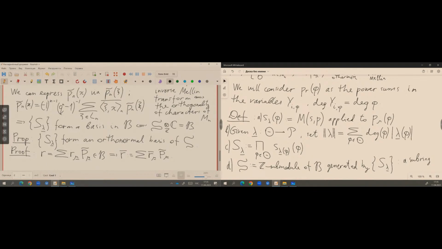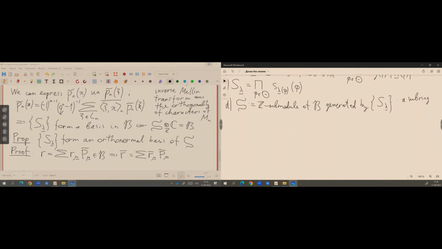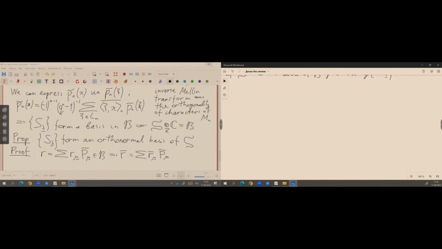Okay. Now, the logarithm of the sum over lambda of s_lambda(x) s_lambda(y) is the sum over i,j of the logarithm of (1 - x_i y_j) inverse, and it's the sum over n of 1/n p_n(x) p_n(y).